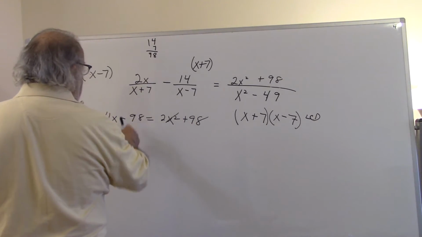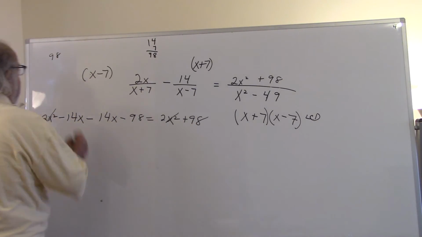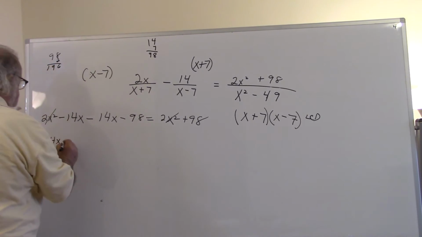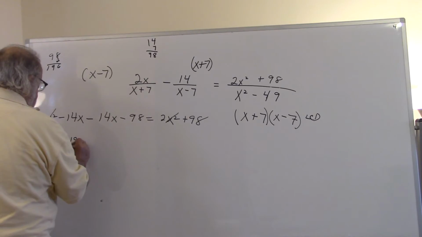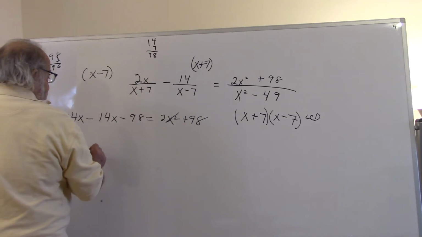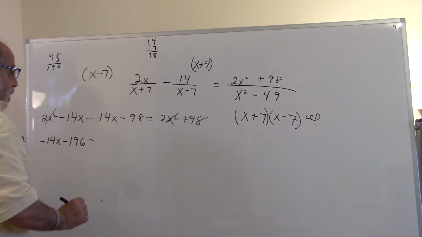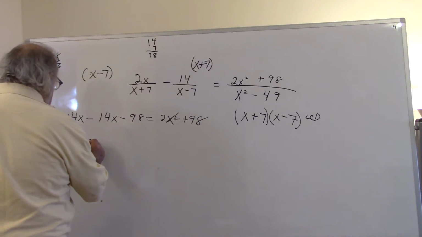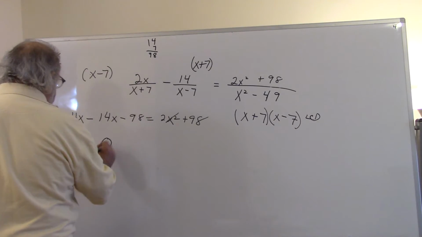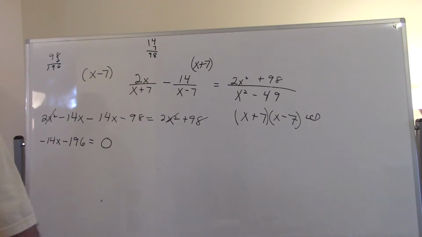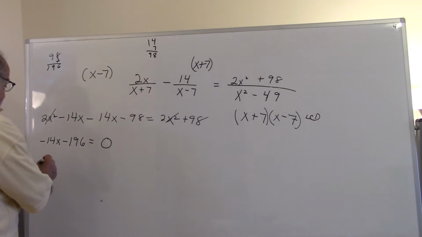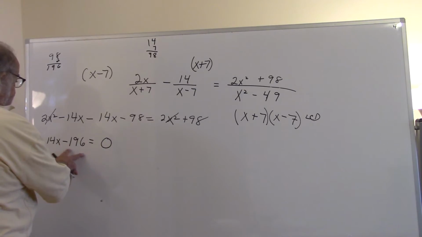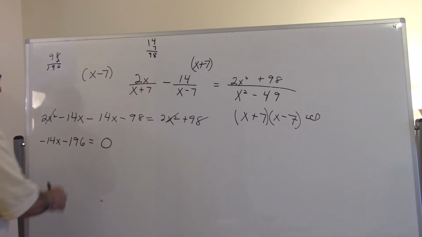When you bring this over, the sign becomes the same. 196 equals 0. Now, see if that can factor out. No, so I'm gonna leave that as it is right now.